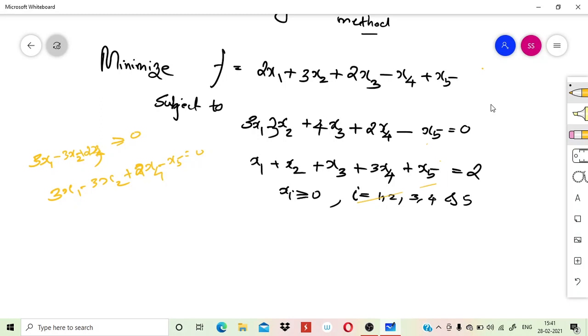not have a basic solution known as a basic feasible solution. A basic feasible solution does not exist here.